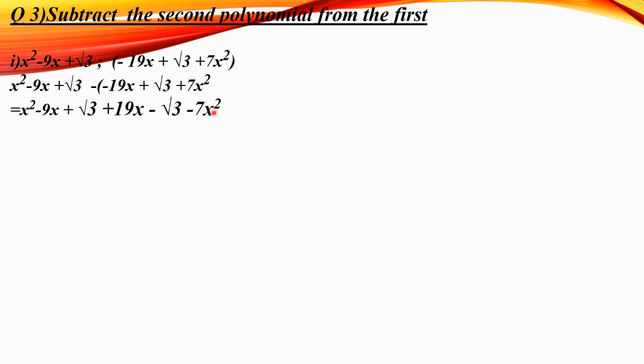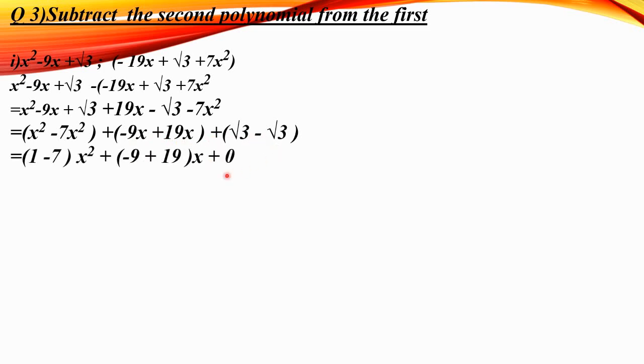Now we will be writing the like terms together. So we get x square minus 7x square in one bracket plus minus 9x plus 19x in second bracket plus root 3 minus root 3 in third bracket. So after solving we get 1 minus 7.